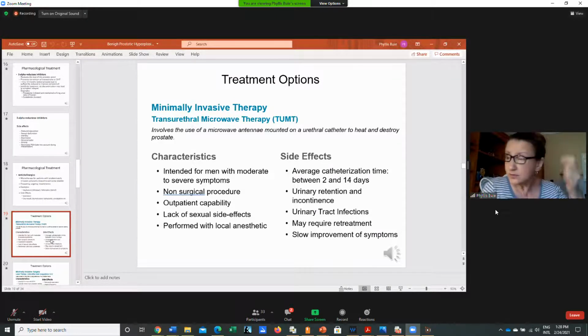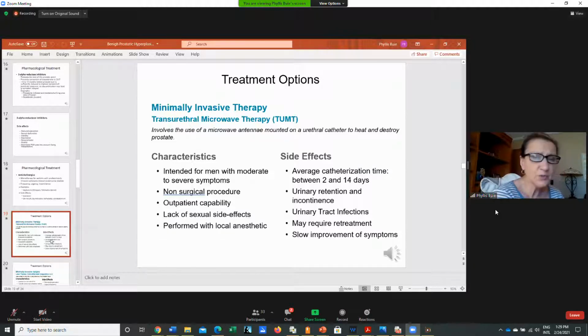Now I want to talk a little bit about some of the other treatment options that we have available. We have a minimally invasive method, which is a transurethral microwave therapy. Basically, they take a little probe mounted on a urethral catheter, and it is inserted and it heats and destroys the prostate gland.